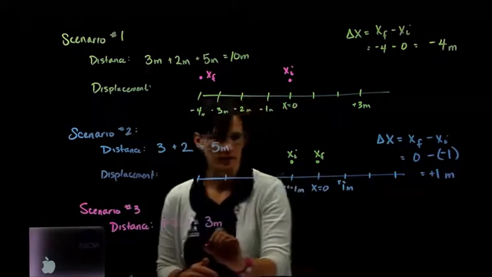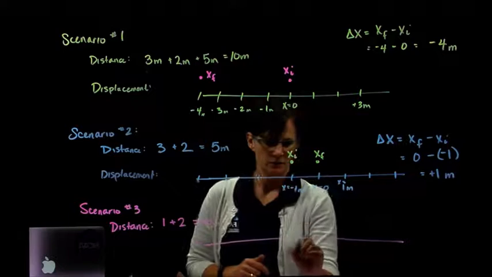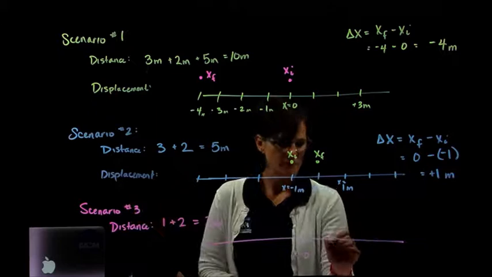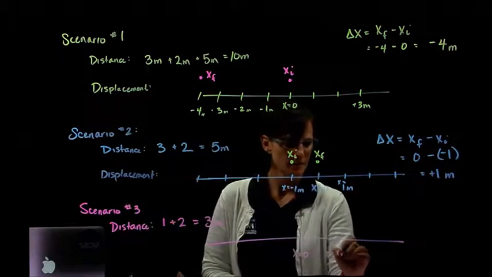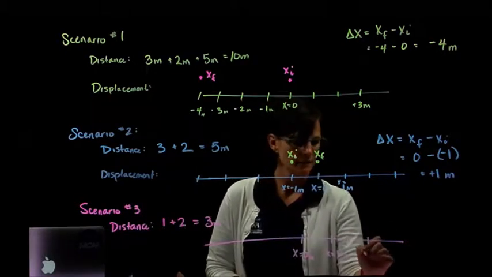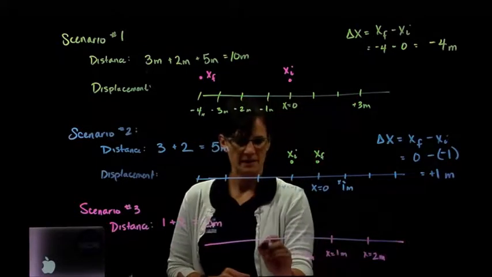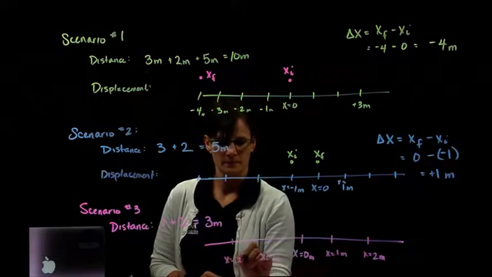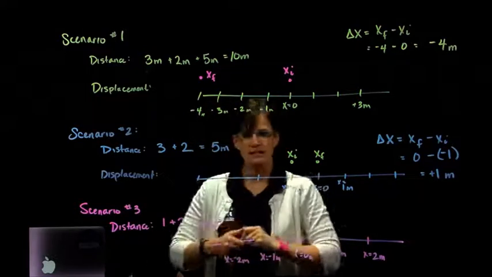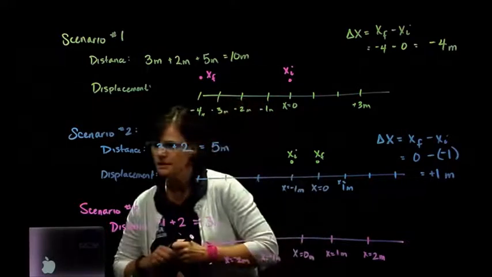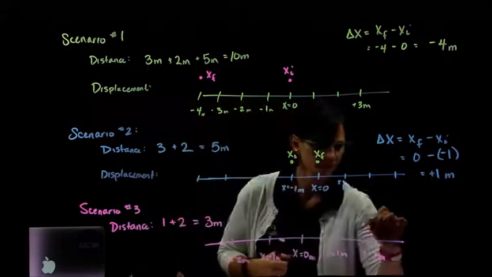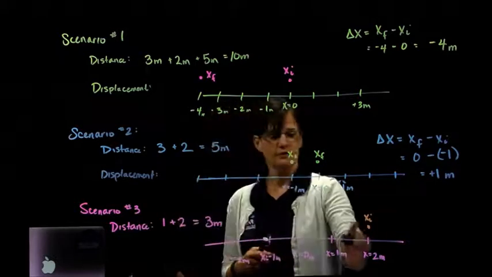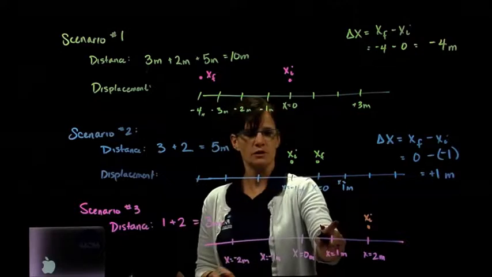Displacement, we have to define our world and our locations. So here's our origin. Pick that first. Set it somewhere. Set your framework. So there's 1 meter, position 2. I'll make these hash marks each 1 meter in length. It tells me that I start at position 2 meters. There's my initial position. I move 1 meter to the left, and then I move 2 meters to the left.